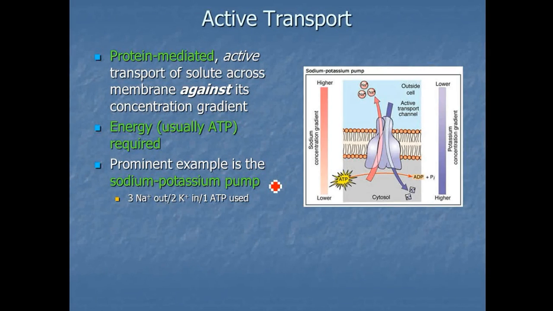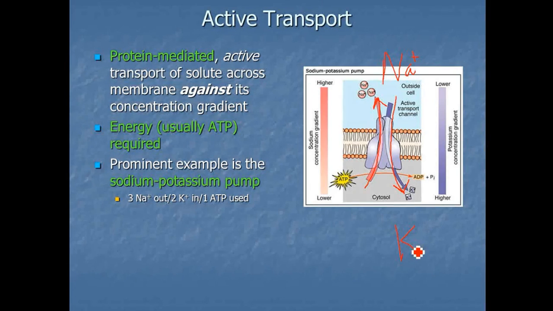The sodium-potassium pump is a protein that pumps 3 sodiums out. Sodium is very high outside the cell, but we're going to pump even more of it out. At the same time, so this is kind of a co-transporter, it brings in 2 potassiums. And potassium is really high inside the cell. That's just the natural state of living cells. Sodium's high on the outside and potassium's high on the inside.